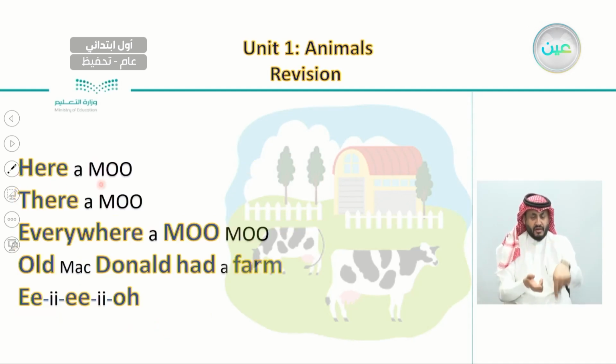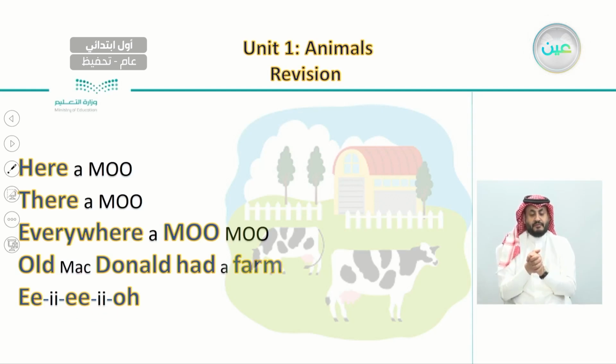Here a moo, there a moo, everywhere a moo-moo. Old MacDonald had a farm. E-I-E-I-O. So, here you go.